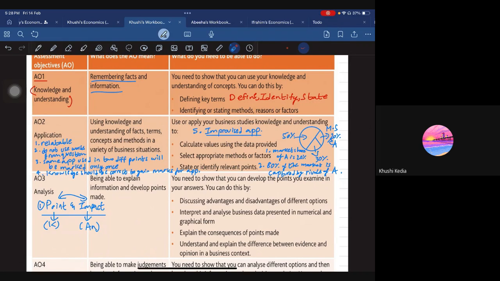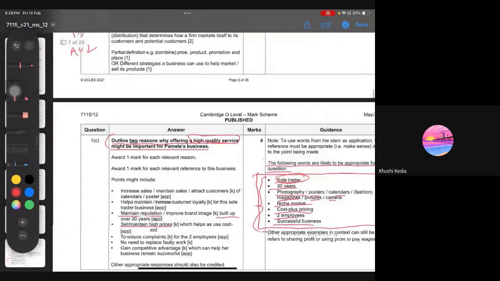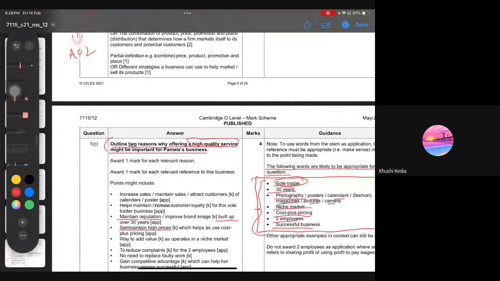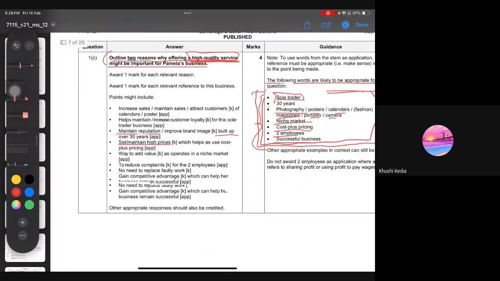Then the second thing is that do not use words from the question. As we just discussed here, the question stated high quality service, so he didn't add an application here. These were the application points he said that you could add, but he didn't add the high quality service. So he added a sole trader here, which you will see probably be given in another question.